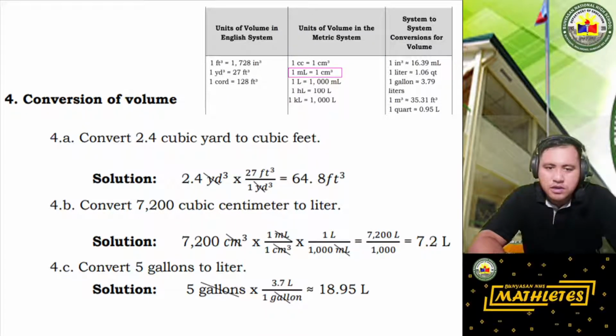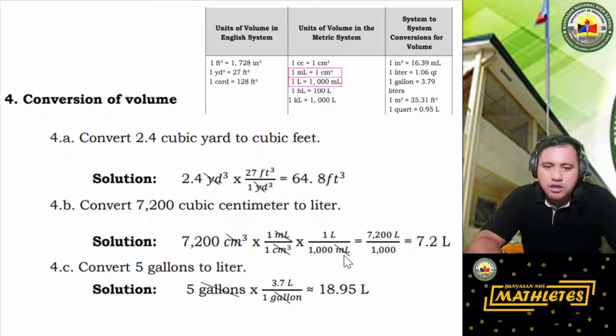Now, cubic centimeter is the unit that is used in our given. So, the conversion factor must be in this form, with cubic centimeter in the denominator. Okay, we have 7,200 cubic centimeter times 1 milliliter over 1 cubic centimeter times 1 liter over 1,000 milliliter.